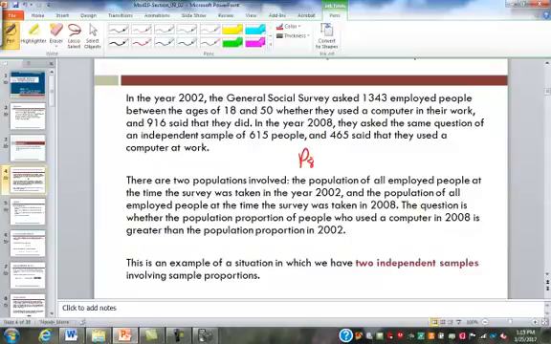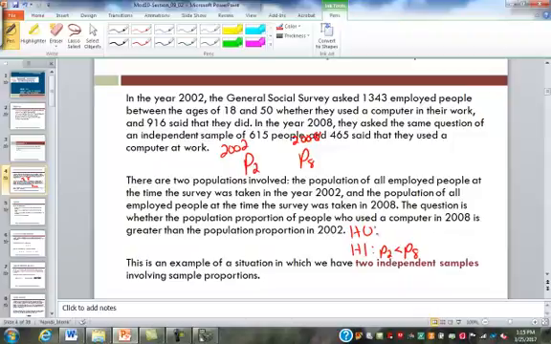I'm going to label this as P2008 and P2002. So testing to see if it's greater in 2008 than it was in 2002, that's telling us about the alternative hypothesis, H1. It's saying that P2002 is less than P2008. In other words, it was greater in 2008 than it was in 2002.